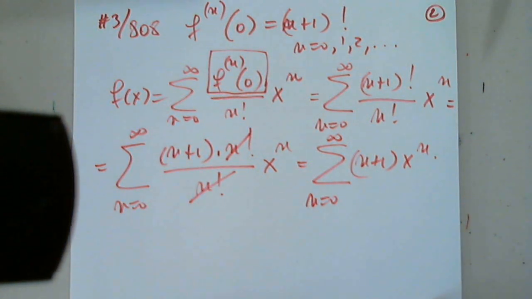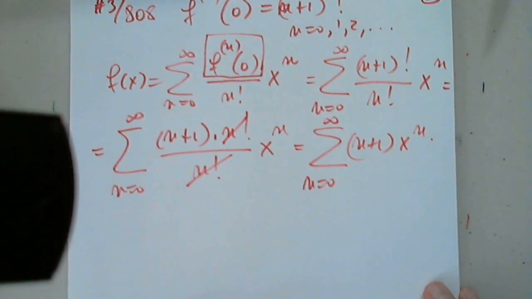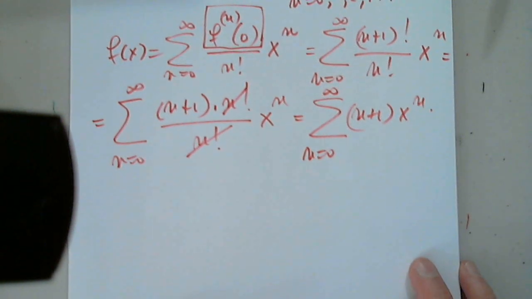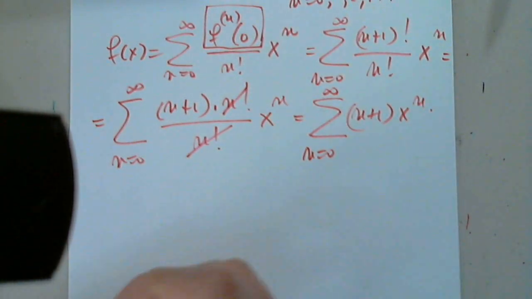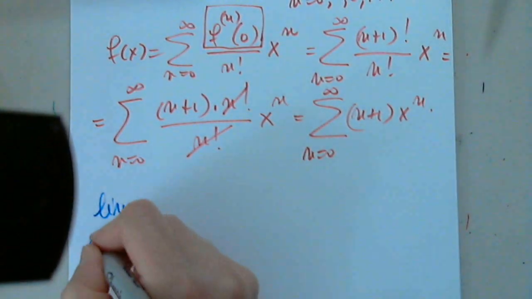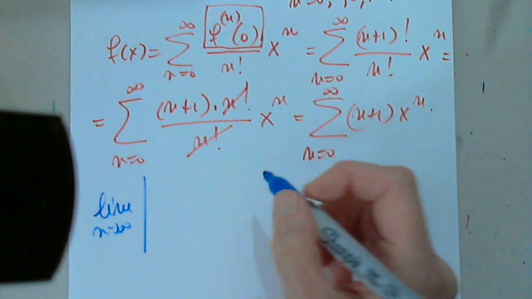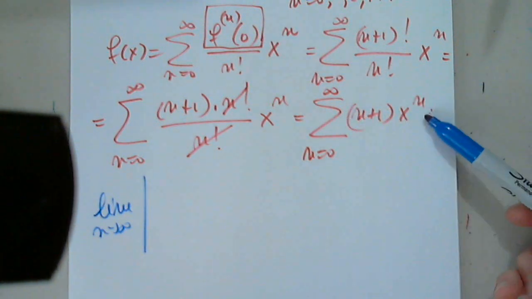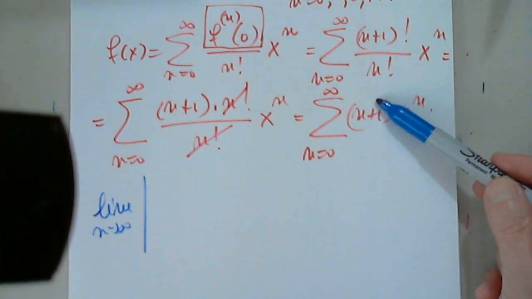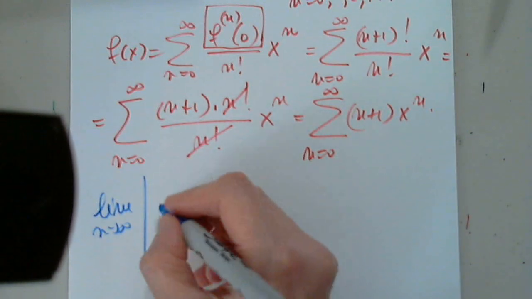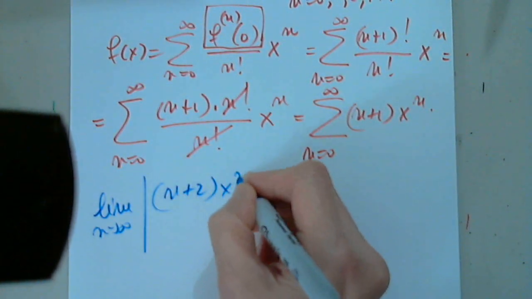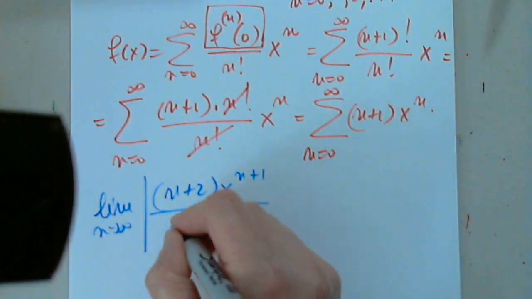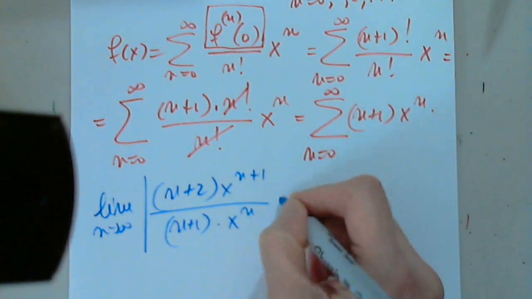Now the problem is also asking us to find the radius of convergence. So we're going to use the ratio test for that, and we will determine the limit as n approaches infinity of n plus 2 times x to the n plus 1, over n plus 1 times x to the nth power.